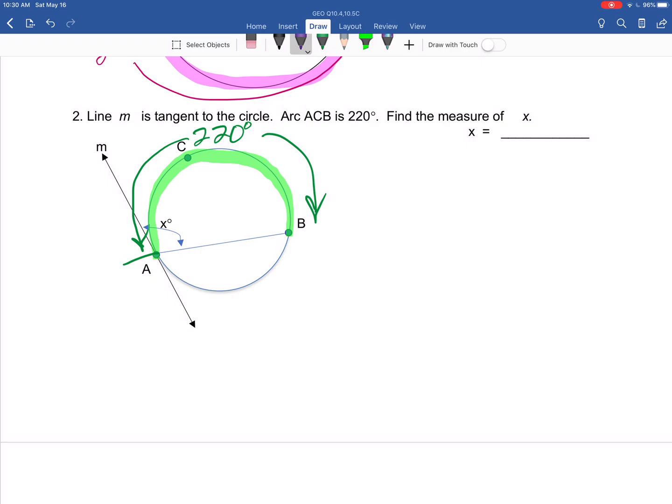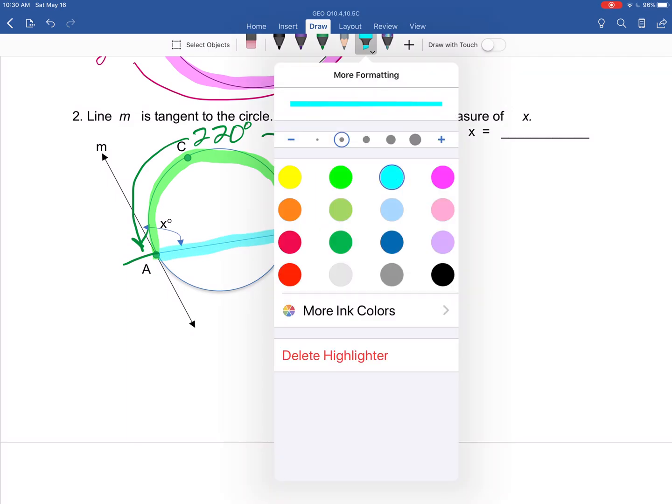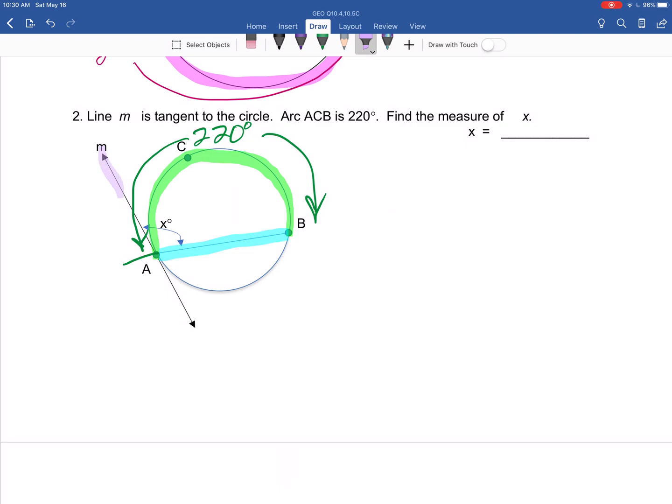Well, what do you know? Hey, this is 10-5. Look at the formula sheet that you have. What you have right here, you have a chord and a tangent. Okay? Chord, tangent.